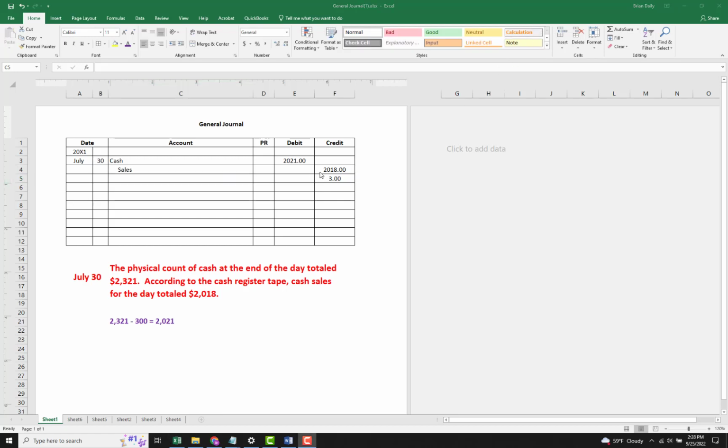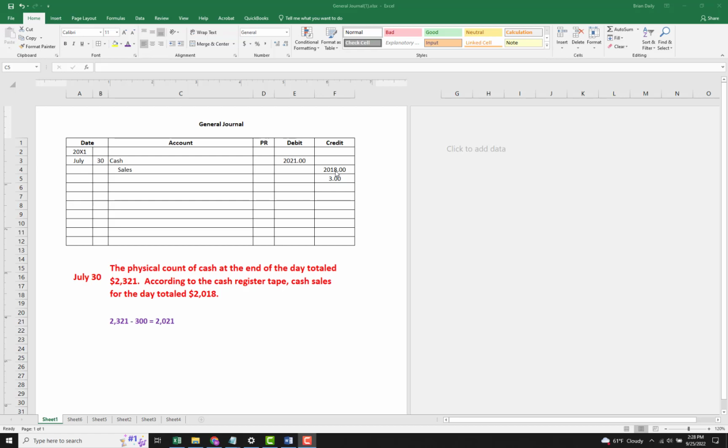And if you think about what's going on with that $3, well, the amount of cash that we gained during the day was 2021, but according to the cash register tape, our cash should have only increased by 2018. So it must have been that when the cash register clerk was giving change, somehow the clerk ended up with $3 more cash than the tape indicates.